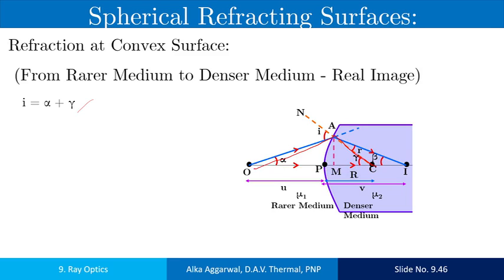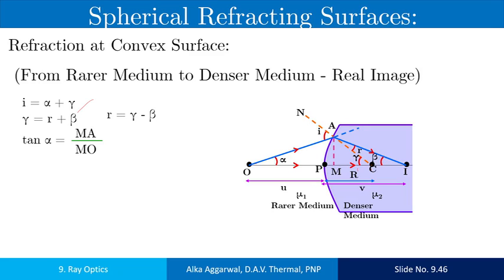Similarly, in this triangle, gamma is an exterior angle, so gamma equals R plus beta. Now see, gamma is an exterior angle, so it is equal to R plus beta, and R is equal to gamma minus beta.